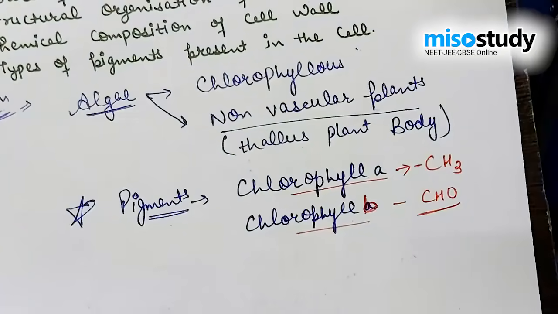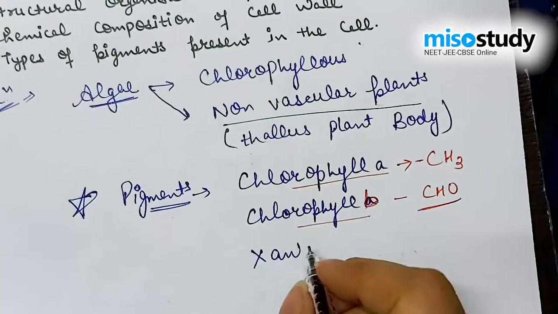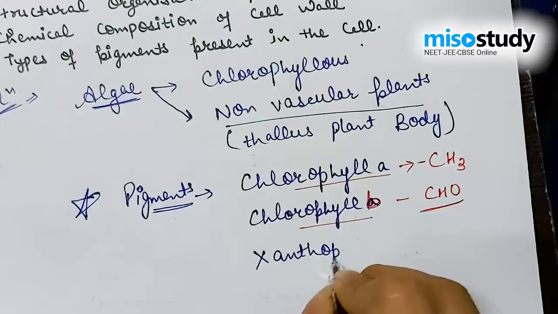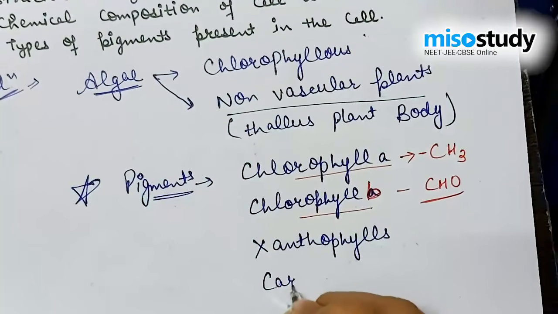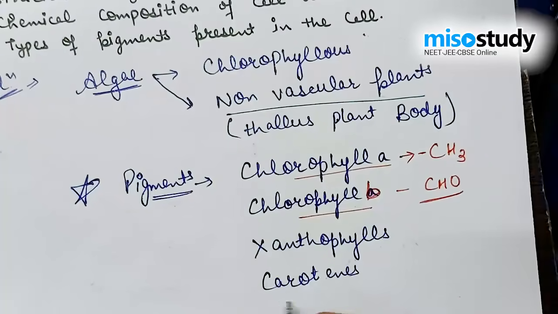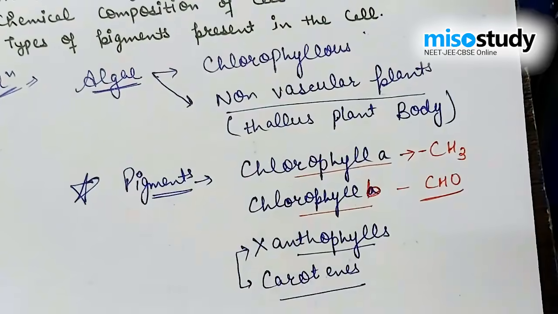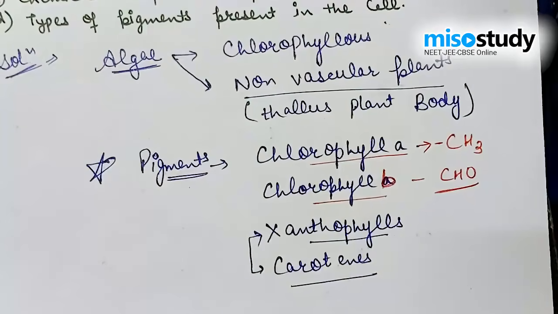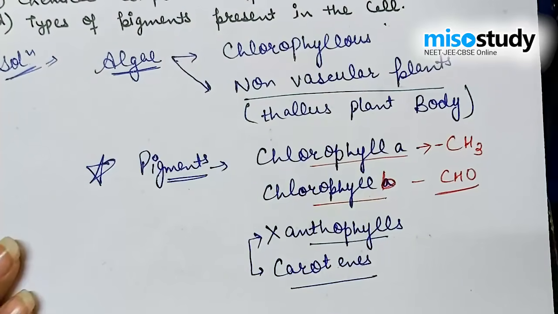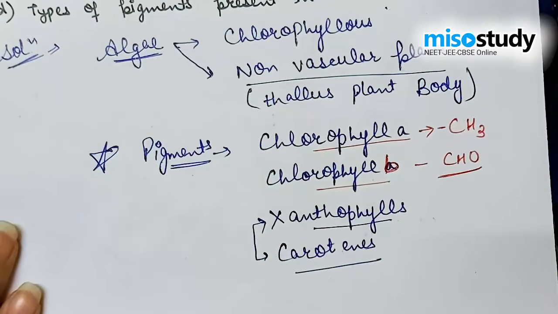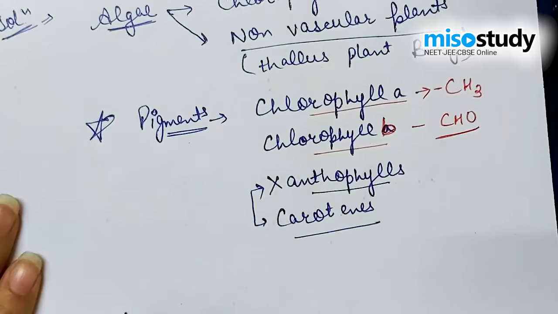Next there is another pigment named xanthophylls. Next is carotenes. As we all know, carotenes and xanthophylls are separated from each other on the presence of oxygen only. Apart from all these pigments, some other accessory pigments are also there in the algae that provide the color basically.